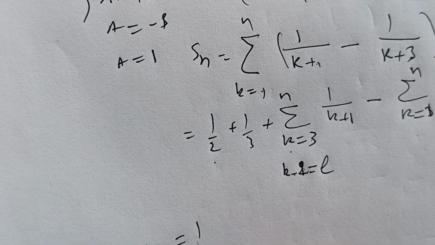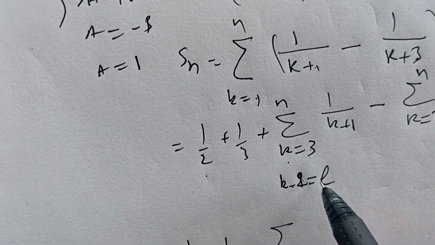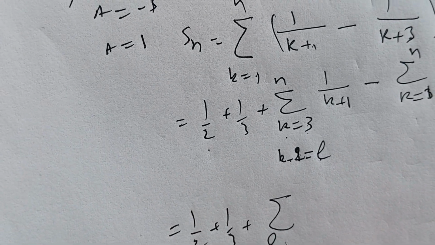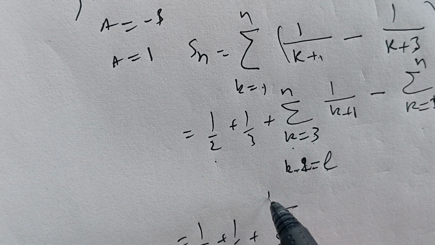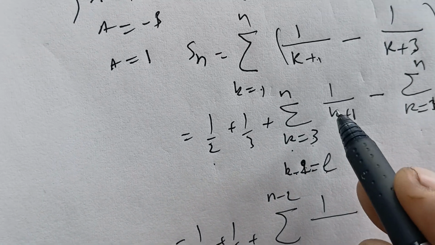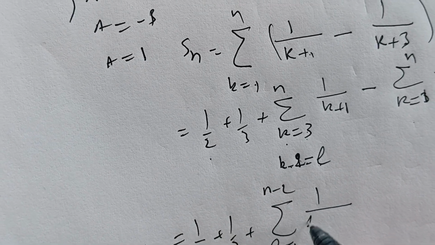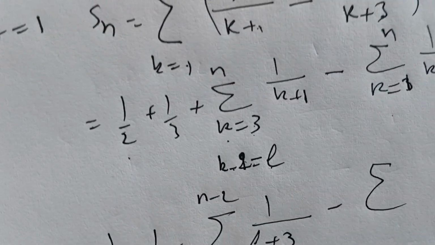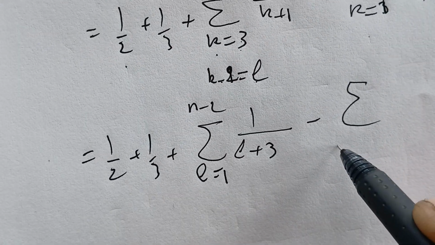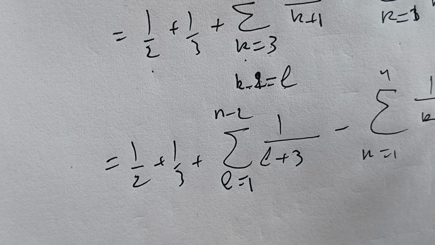So we're going to write this one 1/2 plus 1/3 plus, when k is 3, L is 1. When k is n, L is n minus 2. And here we have k plus 1 is L plus 3. Minus this sum here.